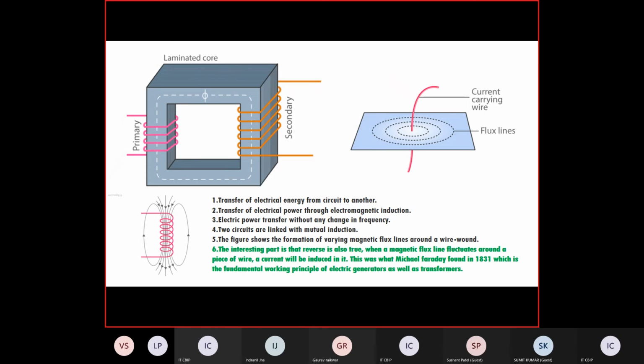And some of the flux which is coming out or coming in a closed loop, the core tries to accommodate all the flux lines within itself. It tries to minimize the leakage of the flux in the air. Air has lesser permeability than the ferromagnetic material.